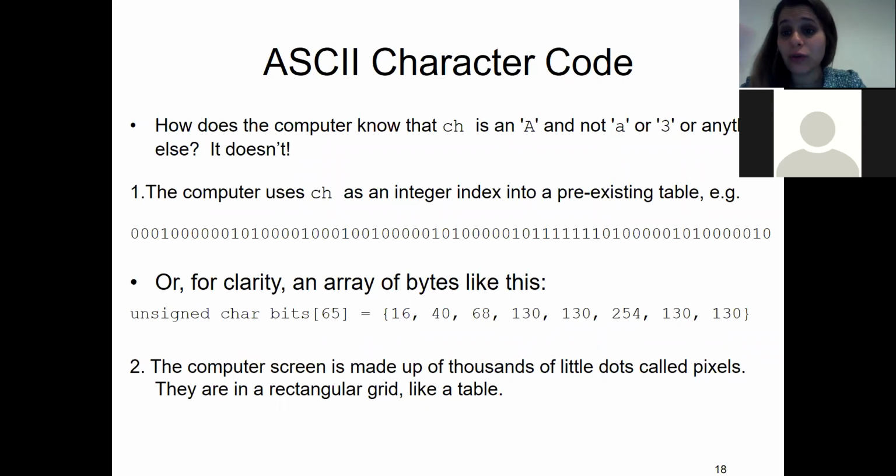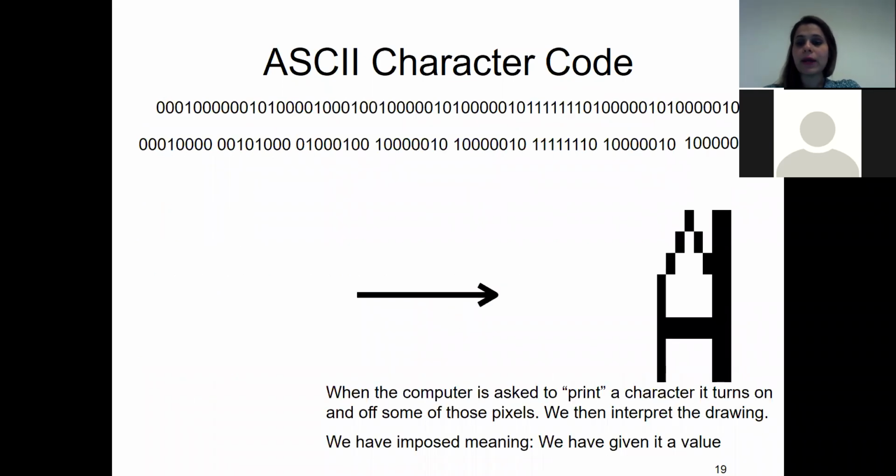So as I said, your monitor consists of pixels. If you bring it closer to your eyes, you will see these little squares in there. We call them pixels. If they are colored, it means one. If not colored, it means zero. And this is why you have A in this shape. Okay, and this is how it's going to look like.